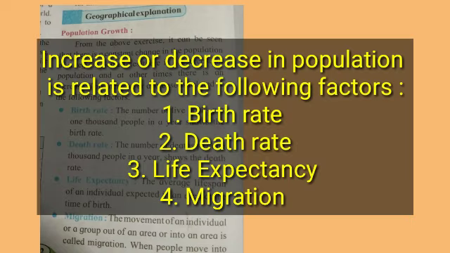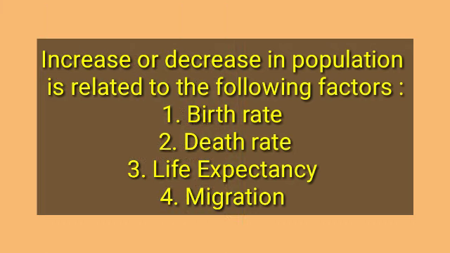The number of live births per 1000 people in a year shows the birth rate. Second factor, death rate. The number of deaths per 1000 people in a year shows the death rate. Third factor, life expectancy. The average lifespan of an individual expected in an area at the time of birth.